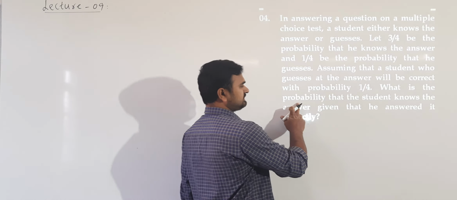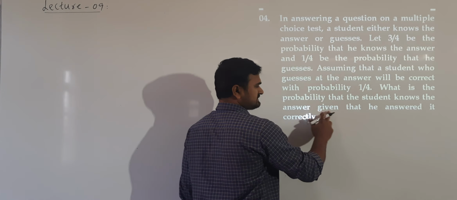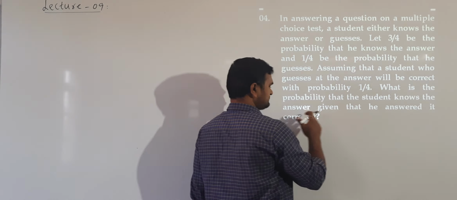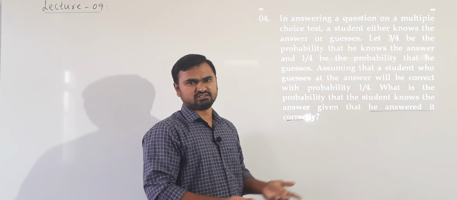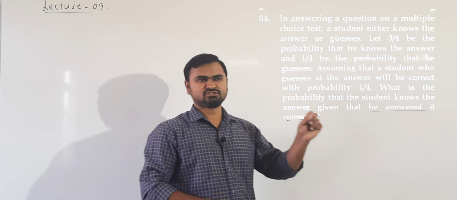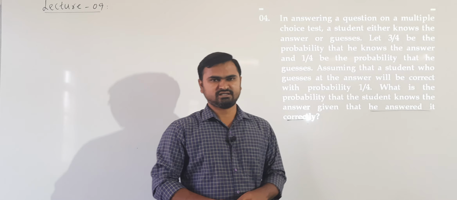Now what is the probability that the student knows the answer given that he answered it correctly? This is the event that has already occurred. I give one question to the student, and he answered it correctly.